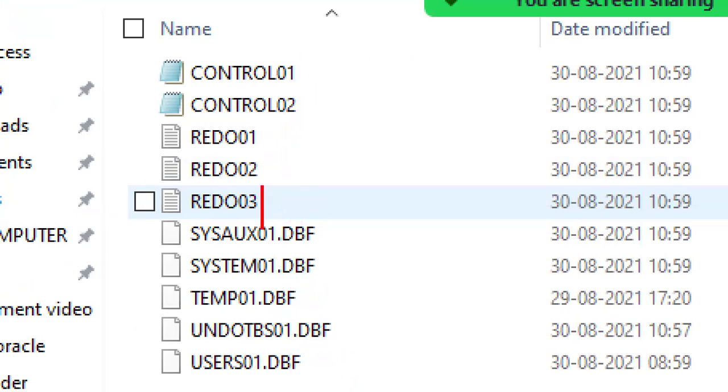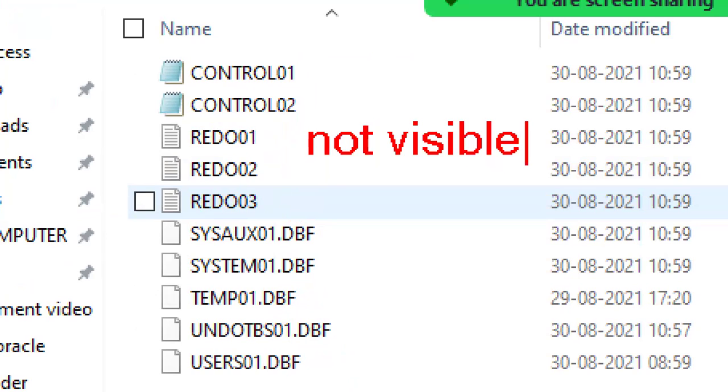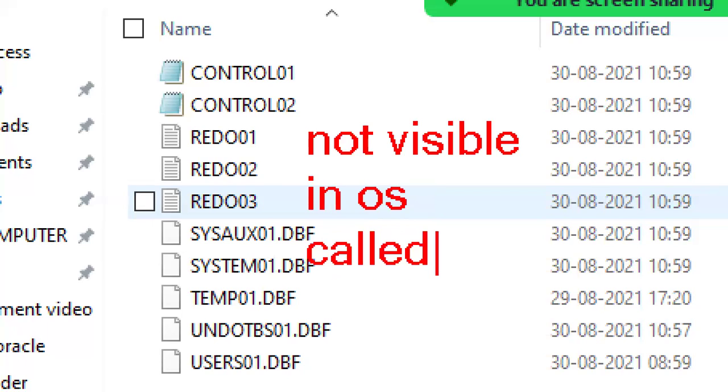That's why a database structure which is not visible in the operating system is called the logical structure of the database. That's why tables are not visible in the C drive, D drive, E drive. It is visible only at the database level.